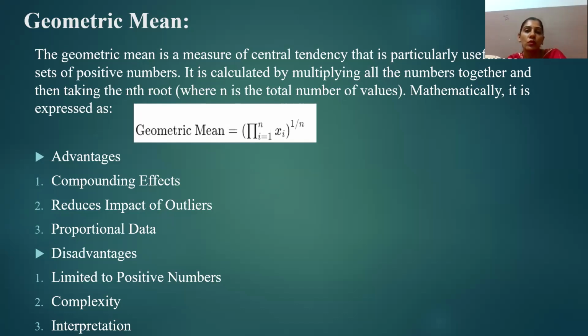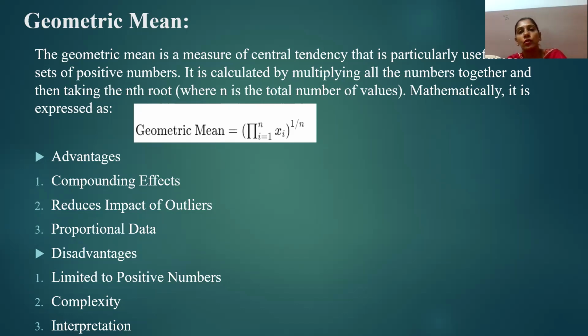Basically, all these forms are the basis of calculating the geometric mean and harmonic mean. They are very helpful in statistics, and they help in calculating the geometric mean and harmonic mean in business statistics.